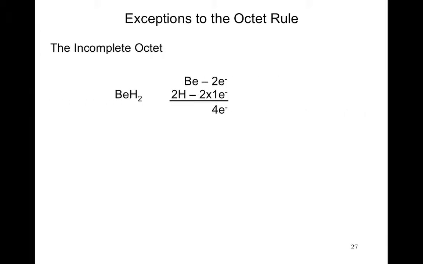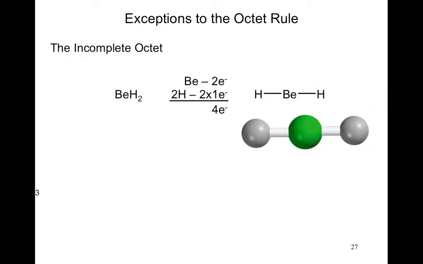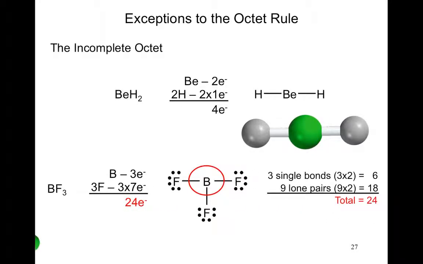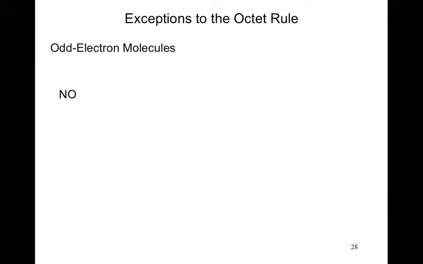All right, exceptions to the octet rule. Incomplete octet, beryllium. It is happy with 4. Boron, happy with 6. That's pretty much what you need to know there. You get a few that can go weird numbers. NO. Yikes, look at that guy. Screams instability. But it's a thing. It exists.